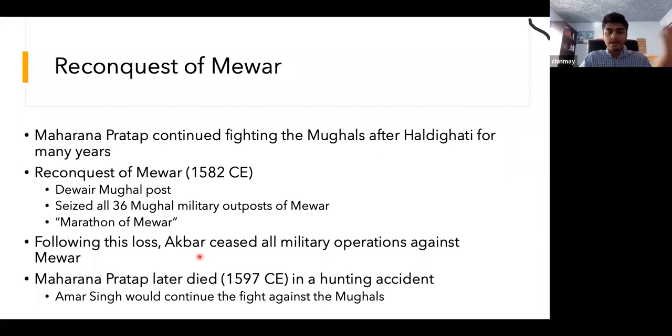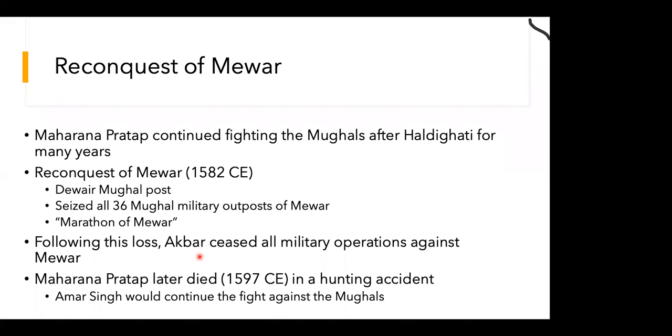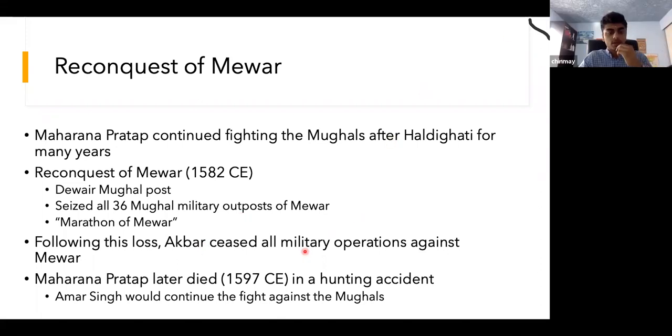Maharana Pratap later died about 15 years later in a hunting accident. And Amar Singh, Maharana Pratap's son, would continue the fight against the Mughals. After Maharana Pratap, the Mughals began resuming their invasions into Mewar. So Amar Singh would fight against that.